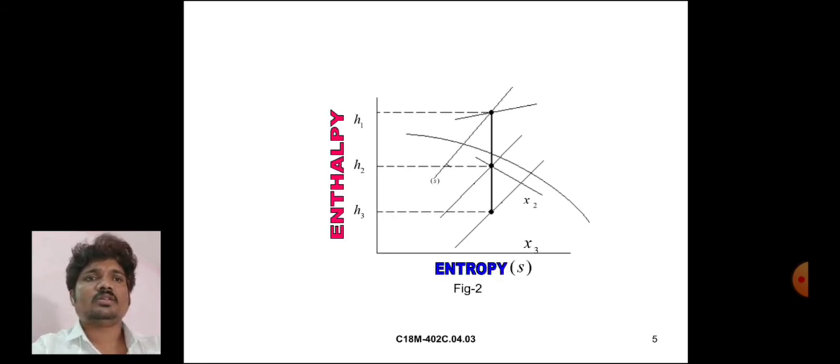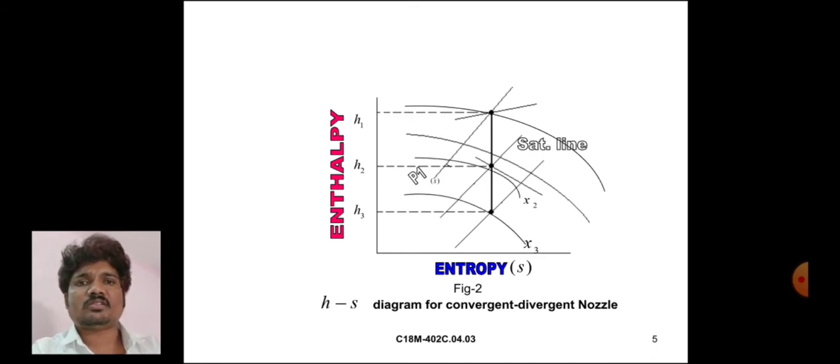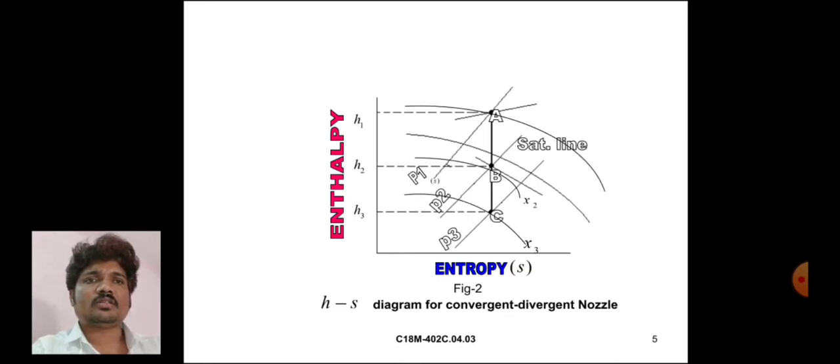Enthalpy, entropy. In this figure, the HS diagram for a convergent divergent nozzle. As shown in this figure, enthalpy is indicated on the y-axis and entropy on the x-axis.